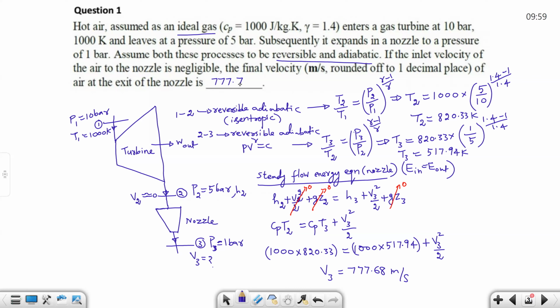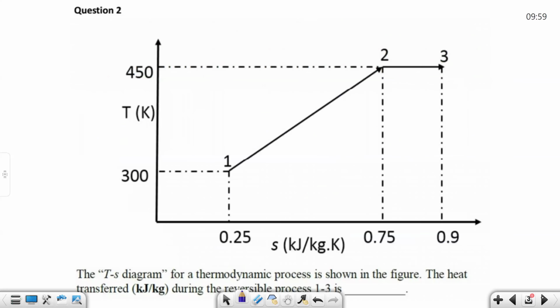Okay, so now we move to the next question. You are given a process 1 to 2, 2 to 3 in a TS diagram. We need the heat transfer during the process 1 to 3.